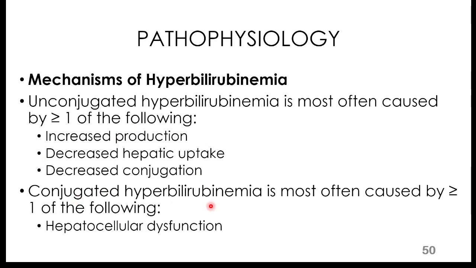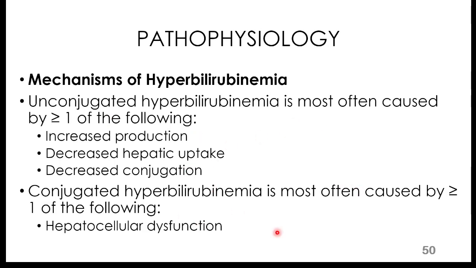Or if there's a problem with conjugation, such as a deficiency of some of the enzymes involved in conjugating, especially UDPGT, or some of the inherited syndromes that we mentioned earlier, then this will also cause unconjugated hyperbilirubinemia.